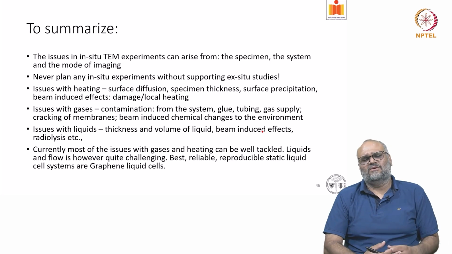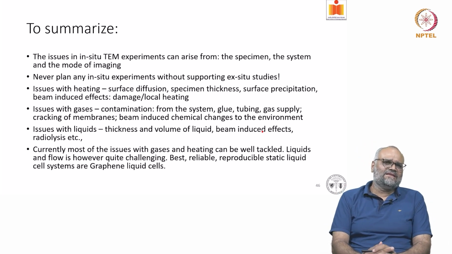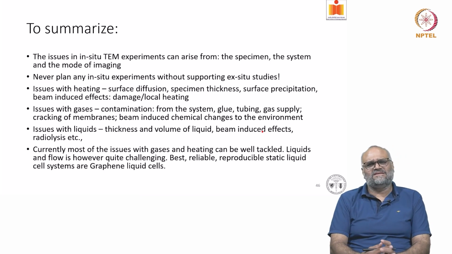But there are also systems which help you maintain the thickness of the liquid well, and with pressure driven controllers, the flow rate of liquid and so on are more or less being solved nowadays.